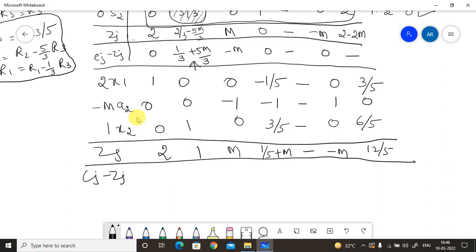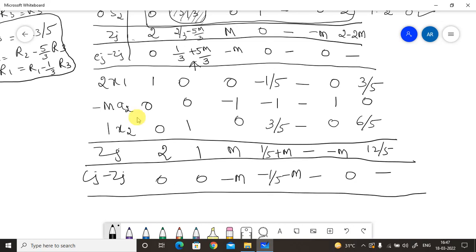Correct? Cj minus Zj, the Cj values are the same, that's 2, 1, 0, 0, minus M, right? So we'll just subtract: 2 minus 2 is 0, 1 minus 1 is 0, 0 minus M is minus M, and then we have 0 minus 1 by 5 minus M, so it is minus 1 by 5 minus M. This is done, and this becomes 0, this we are not going to calculate. That's the answer here, and we can clearly see that both the values with M are negative and the rest are all 0.